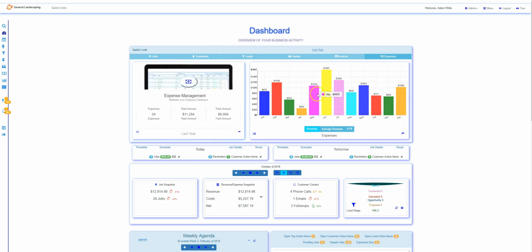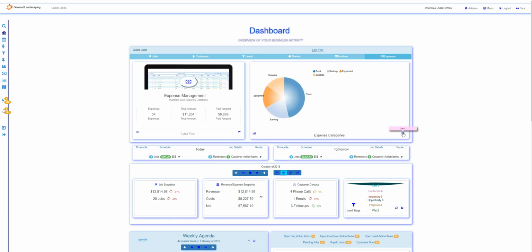And this is the total amount of expenses, the amount of the average expense, and the total number of expenses, all on a month-by-month basis. And this shows the expense categories. We spent a lot on our truck, supplies, banking, and overall equipment. And the overall status is some are paid, some are late. Many have been paid, but they were paid late.